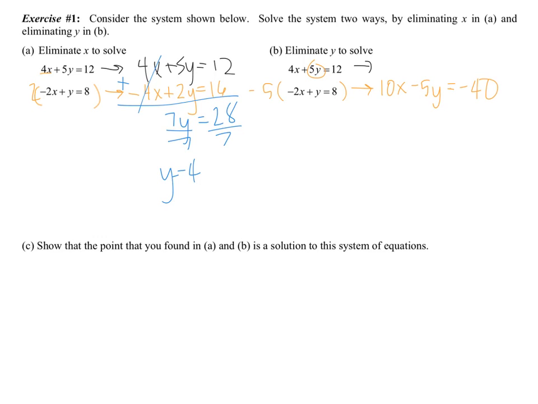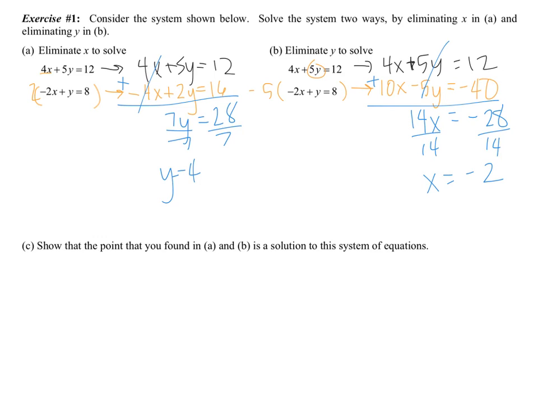Again, we're just going to transfer over the top equation, positive 4x plus 5y equals 12. And again, we have a giant addition problem. The y's eliminate. 14x equals -28. Divide by 14, and x equals -2.